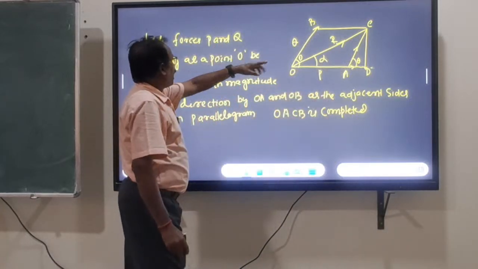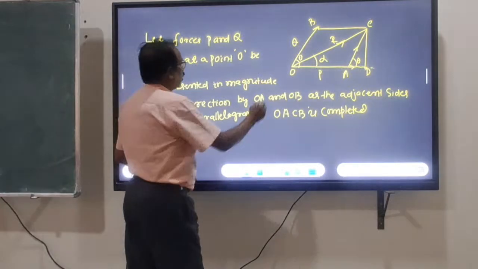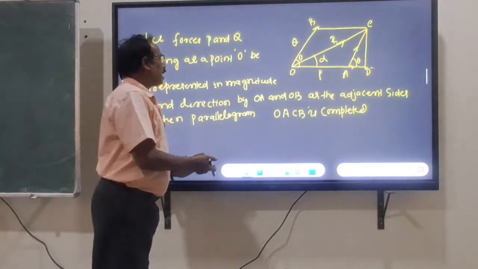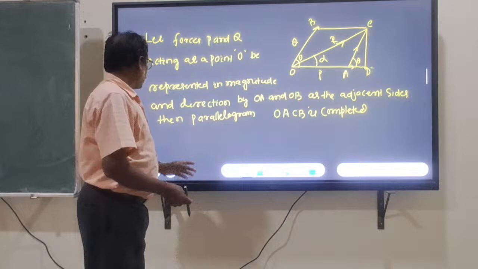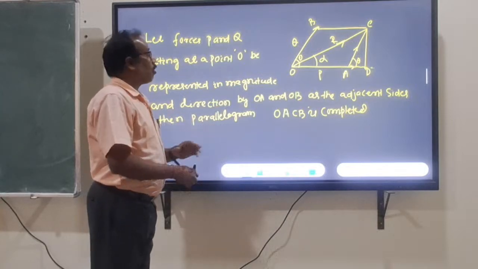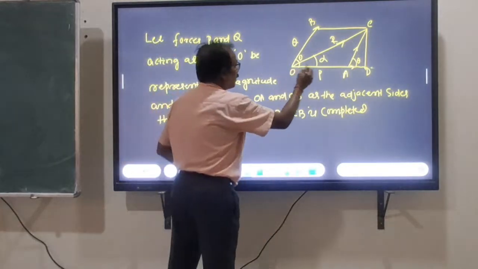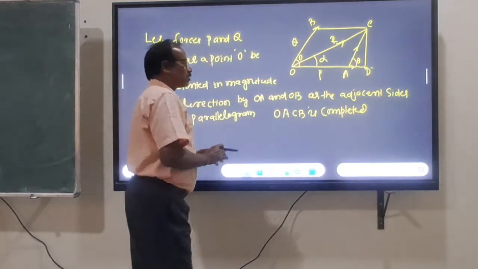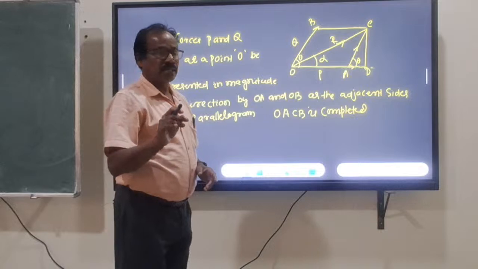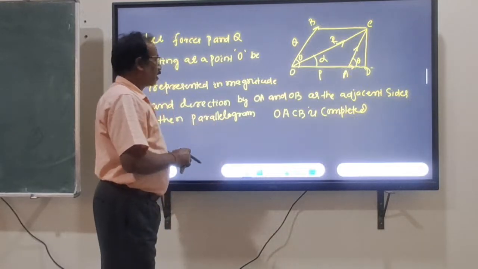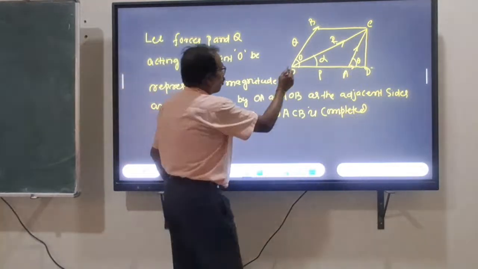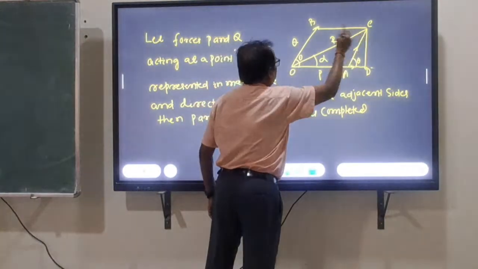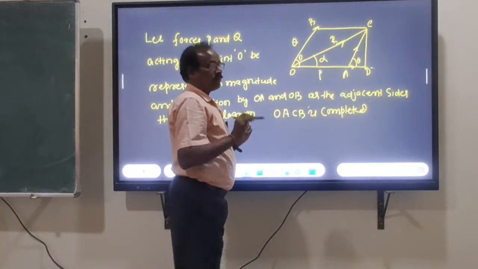Here, forces P and Q acting at a point O are represented in magnitude and direction by OA and OB. Here, OA is equal to P, OB is equal to Q as the adjacent sides of a parallelogram. Then OACB is completed.